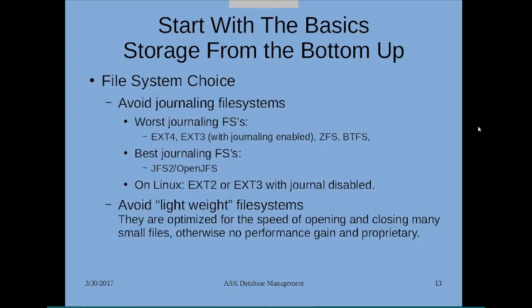Okay. I always recommend to my clients and anybody that asks to avoid using journaled file systems for databases. The main reason for that is Informix's logical and physical logs are essentially a really sophisticated journaling system.